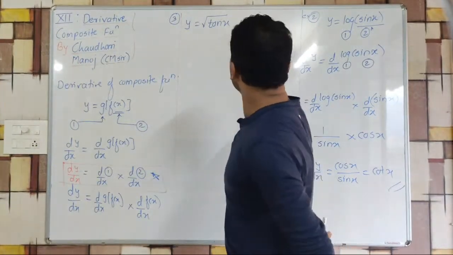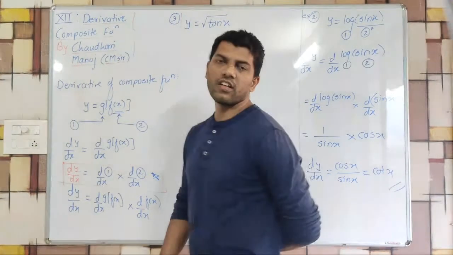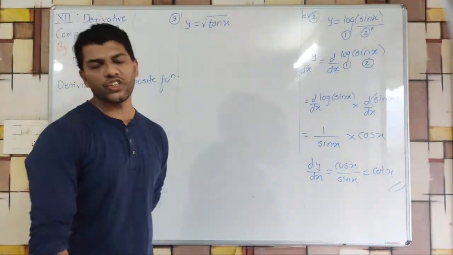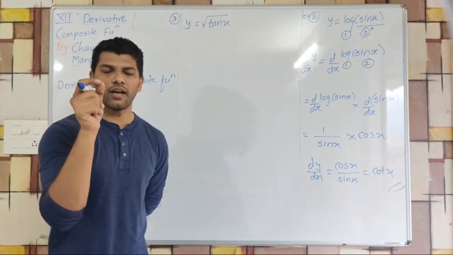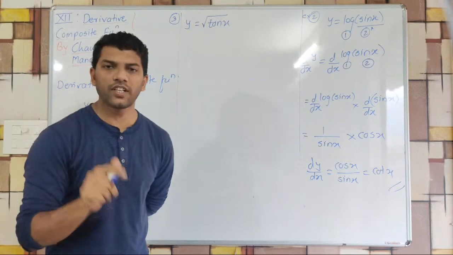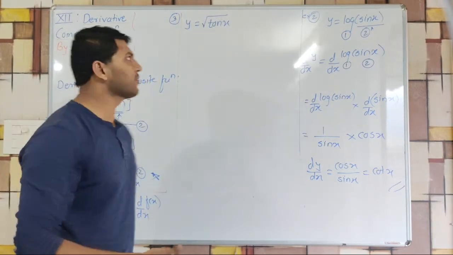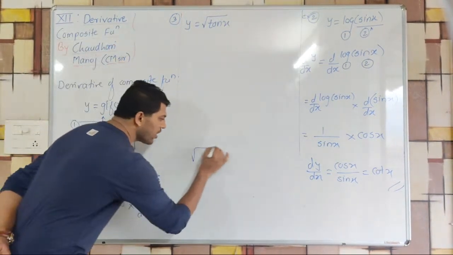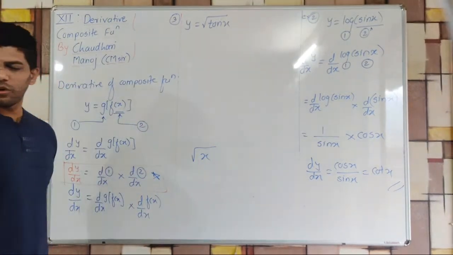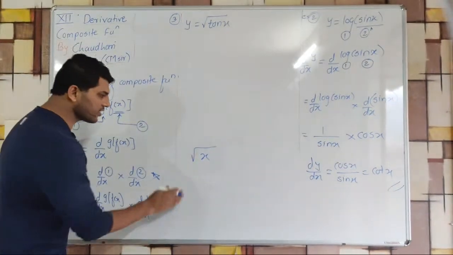Okay, so friends, your job is to find which is the original function here. So try to first of all guess the original function 1 and then the replacement. So here the original function is root x. Understand this?